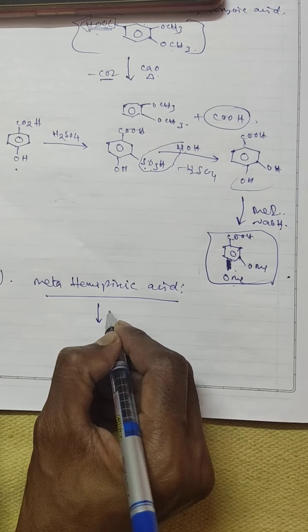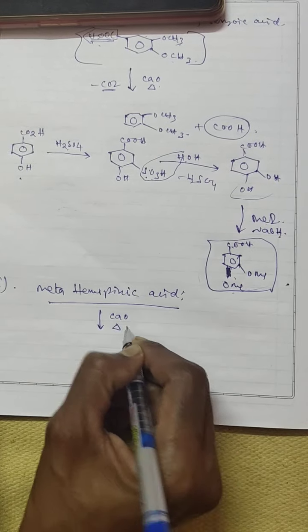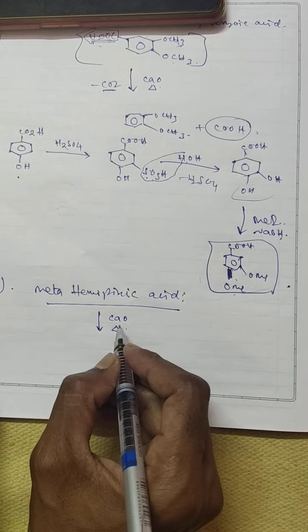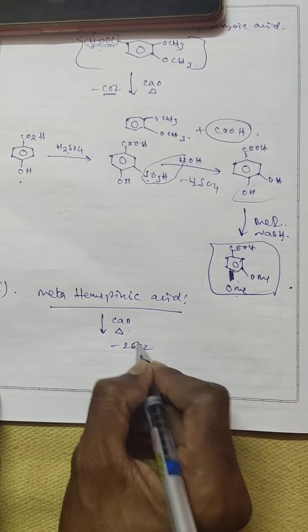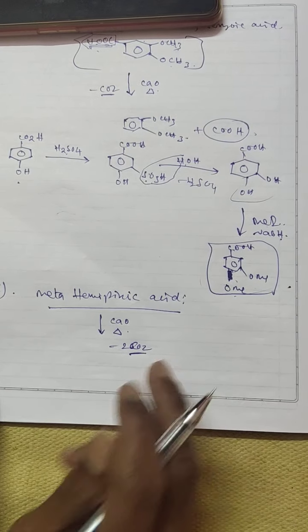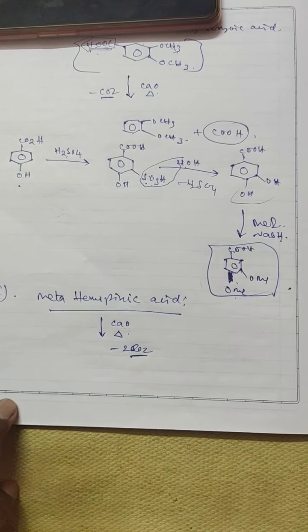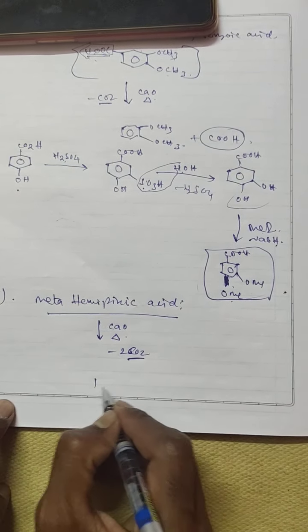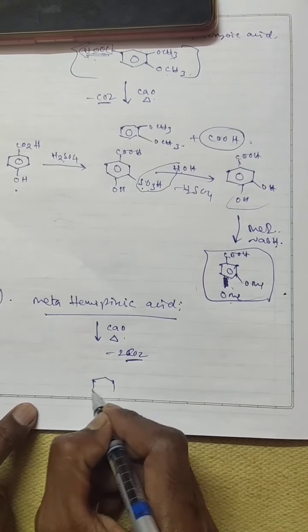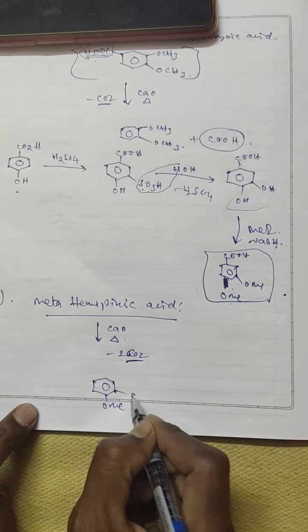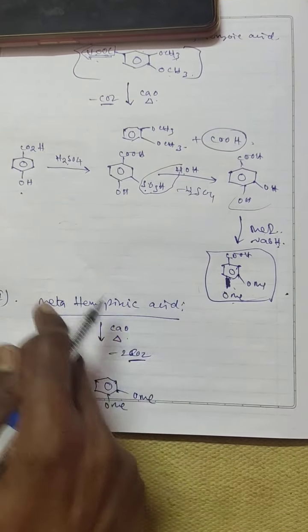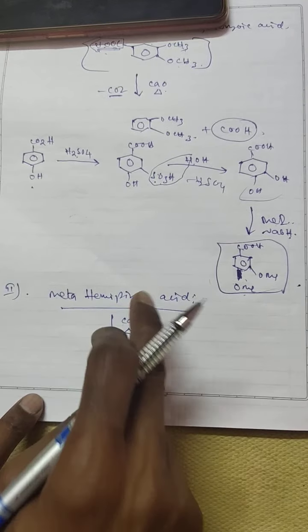When it is treated with calcium oxide, which removes carbon dioxide, how many moles are removed? 2 carbon dioxide are removed. That's why there are 2 carboxylic acids present in meta-hemipenic acid, and it forms dimethoxybenzene.